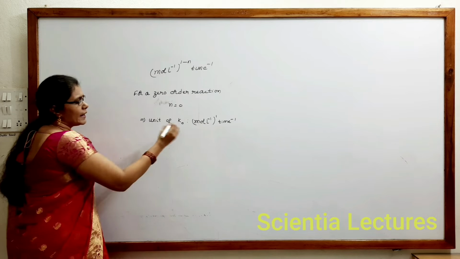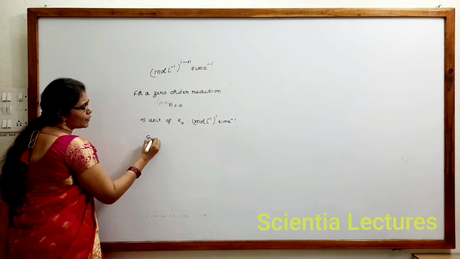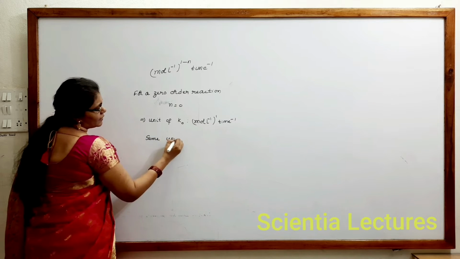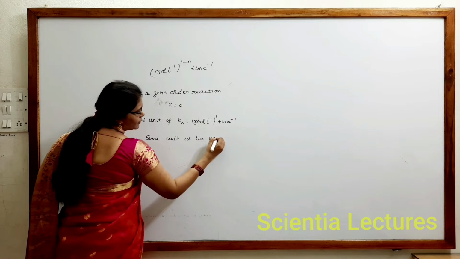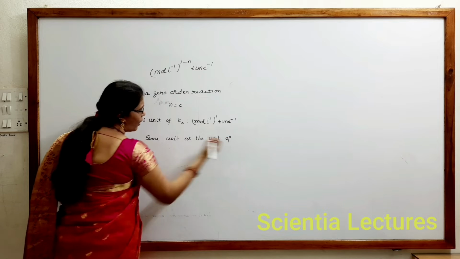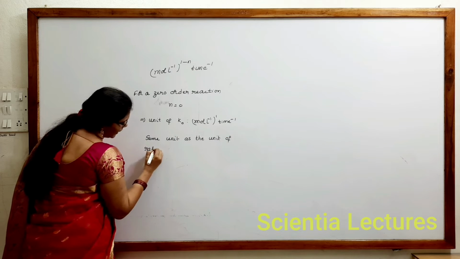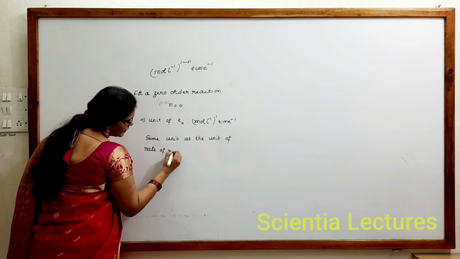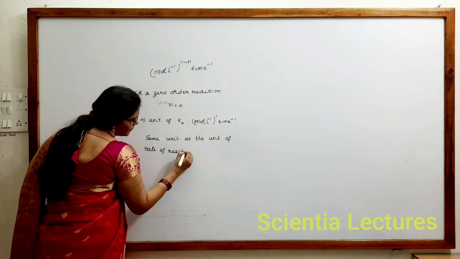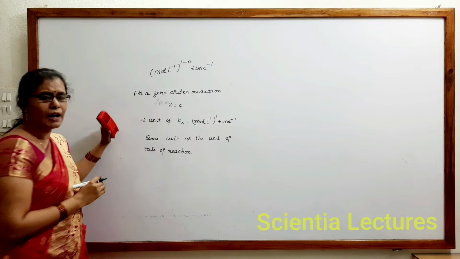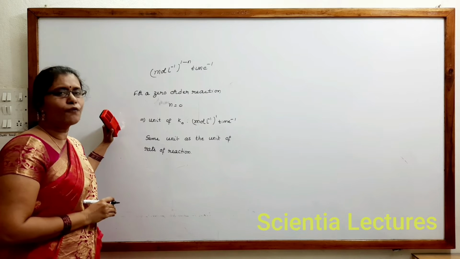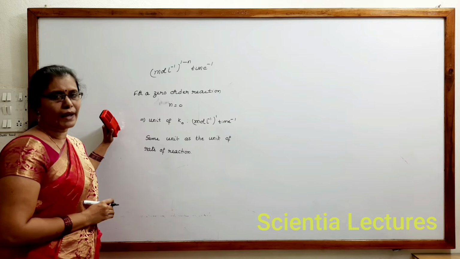In the sense, it has the same unit as the unit of rate of reaction. Remember that this is also one model problem. Which order reaction will have the same unit as that of the rate of reaction?